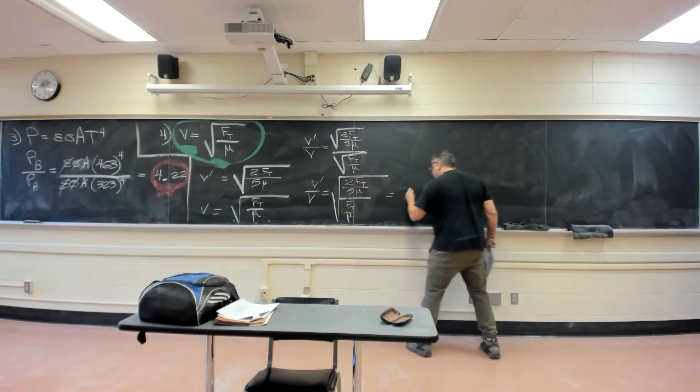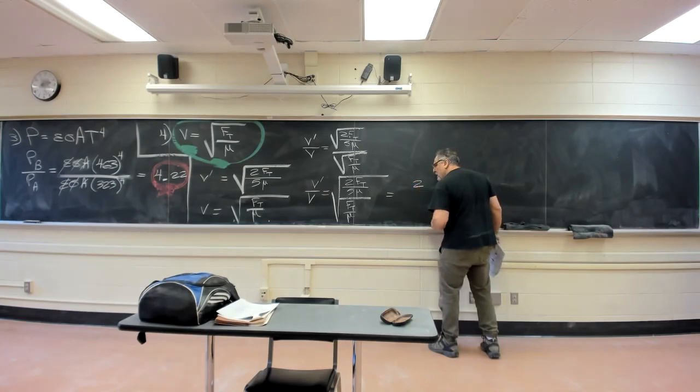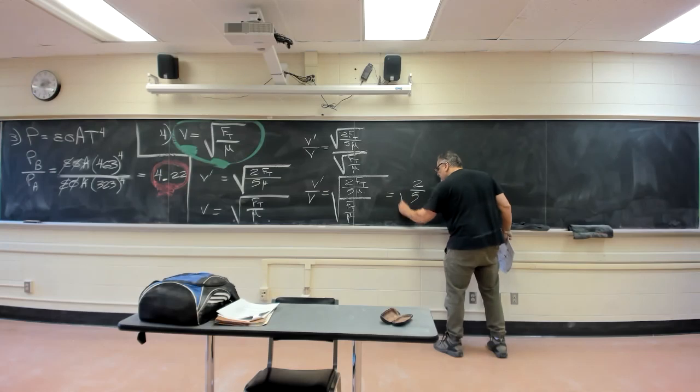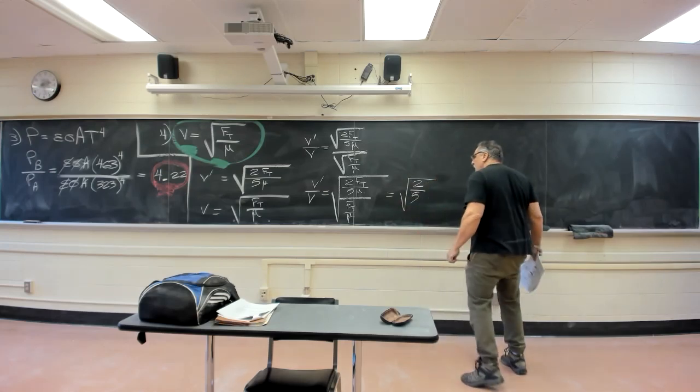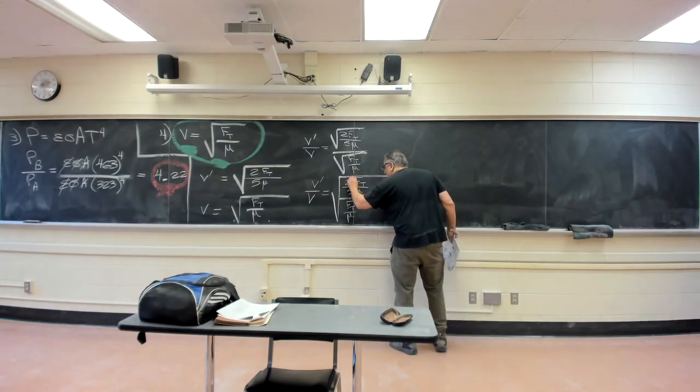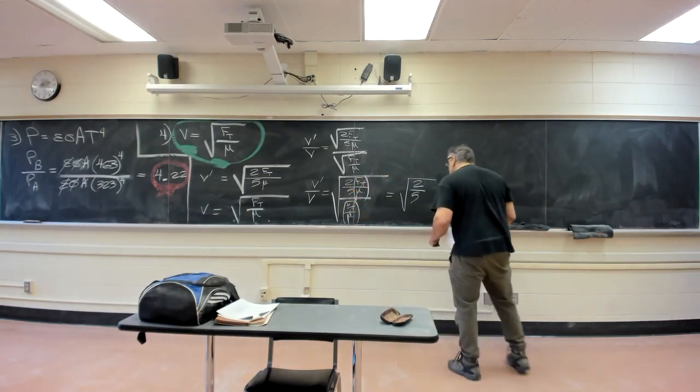F sub T and F sub T cancel. You got a 2 right here. The mu flips over, and you got a 5 on the bottom. Here's another way to look at it: this is F sub T over mu, this is F sub T over mu, they completely cancel, and you got 2/5 left over.